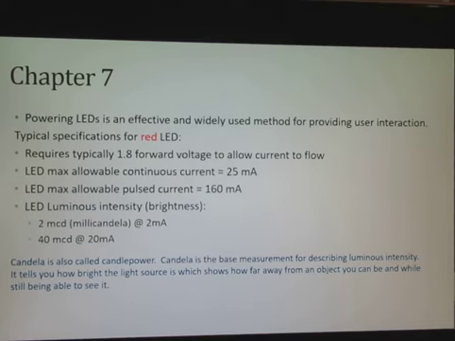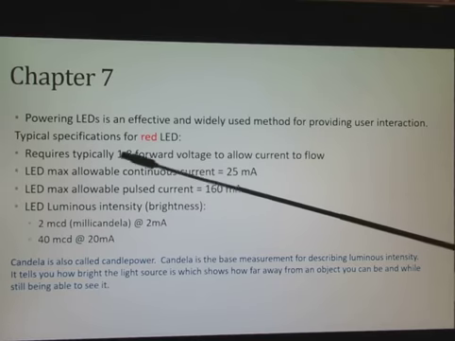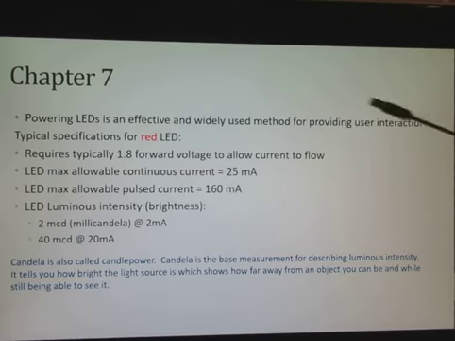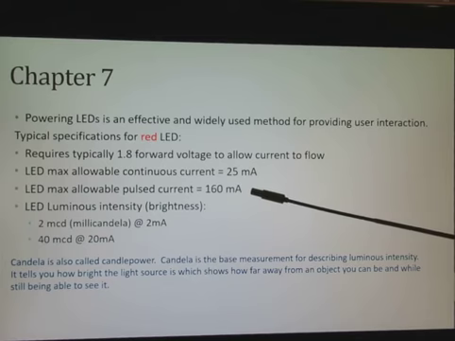Other colors will have different values, but it requires about 1.8 volts to get it to light up. The continuous current that we can run through it would be 25 milliamps. But if we pulse it like we saw earlier with those different duty cycles, we can go to a higher current of 160 milliamps. So we can control the brightness of the LED.